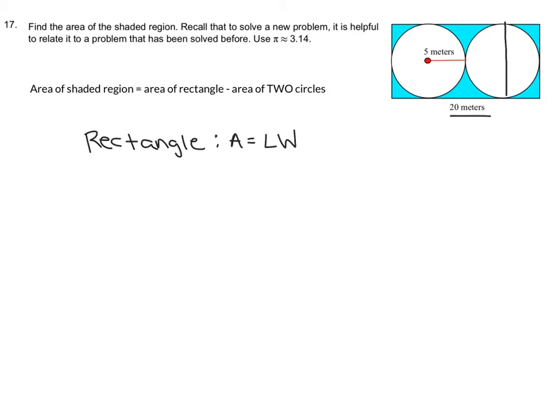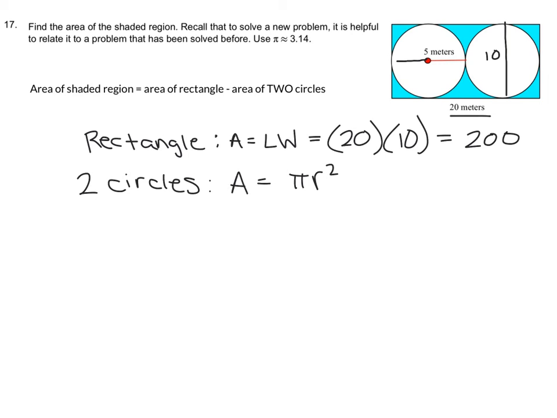Since the radius is 5 meters, the diameter is 2 times the radius, which is 2 times 5, and that is 10 meters. So that tells me that my width is 10 meters. So I'll plug in a 20 for L and a 10 for W, and then 20 times 10 is 200. So the area of the rectangle is 200 square meters.